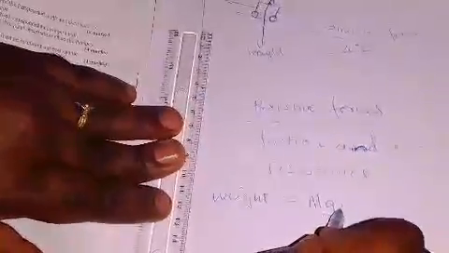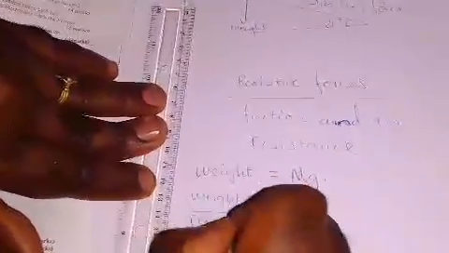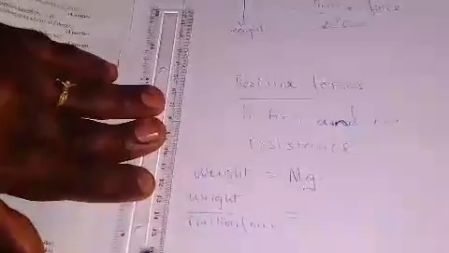Since it has the mass times acceleration due to gravity, we will now have that this force here, because this is opposite over hypotenuse, you will now say that weight over traction force, opposite over hypotenuse, will be the same as what?